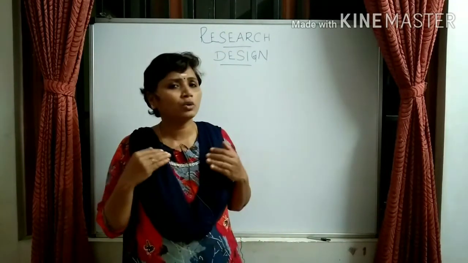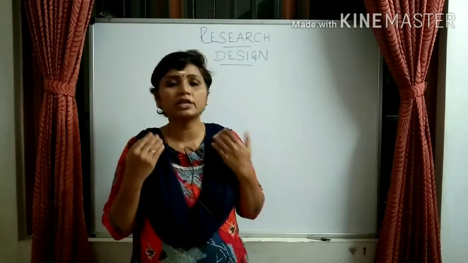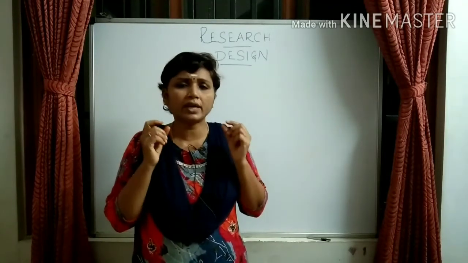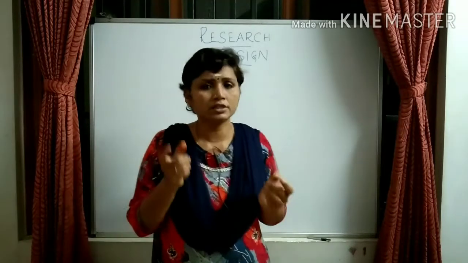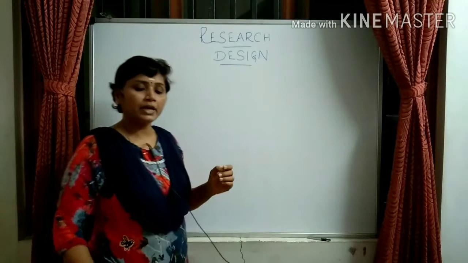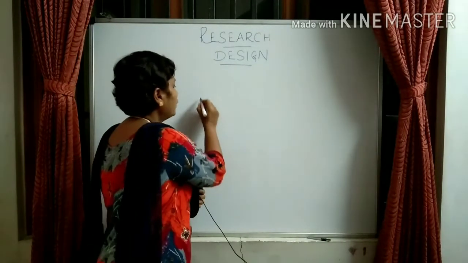Before going into detail about the research design, we have to understand some of the technical terms or terminologies related to the research design. The first one is the dependent and independent variable. From the words themselves we can understand dependent and independent variable.